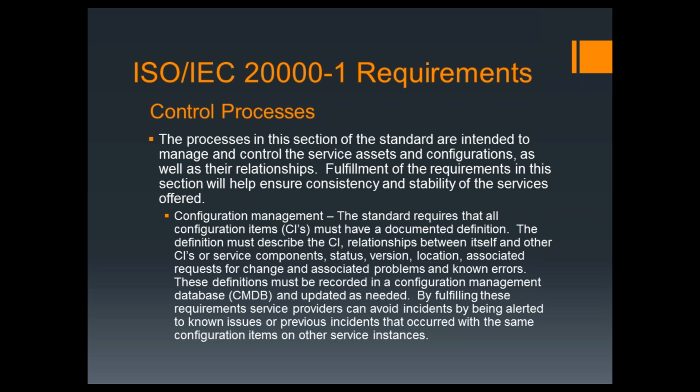If you have an ordering system and a given customer's ordered a service, and let's say it uses a specific router and across a certain service delivery medium that, with this version of firmware on the router, there was a known issue, it locks up, whatever the case. Well, that could be flagged right away in the order system. This is a known error, here's what needs to be done to resolve it, and there you go. So that's just one example.